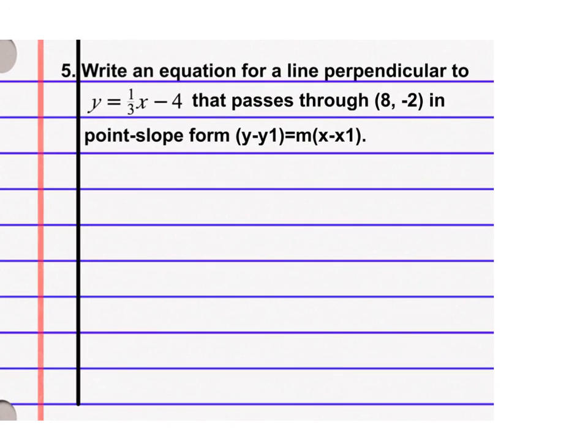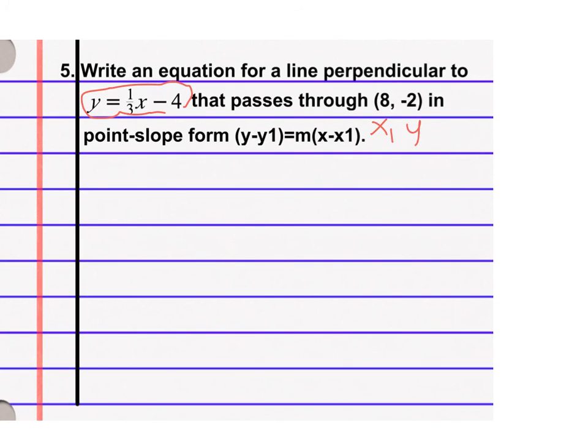All right, number 5, write an equation perpendicular to y equals 1/3 x minus 4 that passes through the point 8, negative 2 in point slope form. So first, I always ask myself, what is the m? The m is 1/3. What m should we be using? So input your answer. The answer is negative 3 or negative 3 over 1.